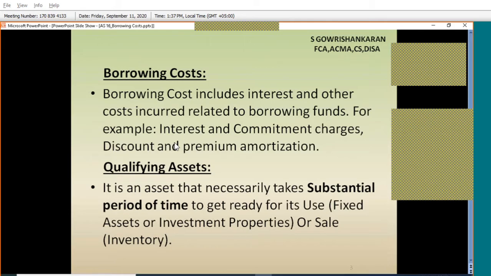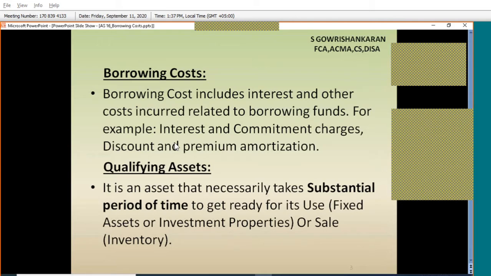Here it is given as an asset that necessarily takes a substantial period of time to get ready for its use: fixed assets, investment property or sale inventory. That is what they are trying to say here.